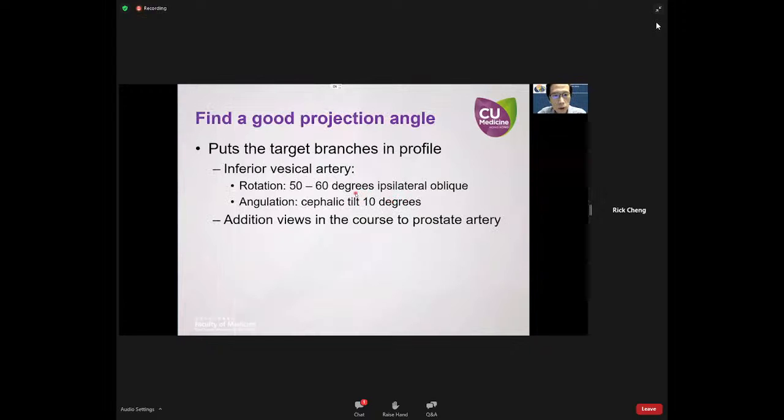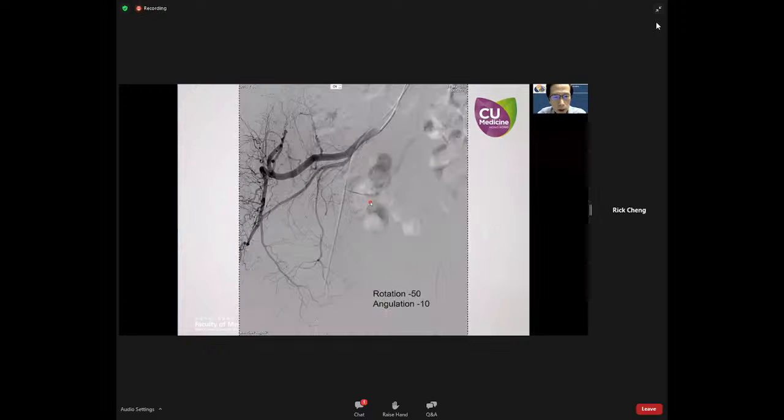And also importantly, we always find a good projection angle, which typically is a 50 to 60 degree ipsilateral rotation, plus say 10 degree cephalic angulation, and that will separate the overlapping branches and put the origin of the inferior vesical artery in profile.